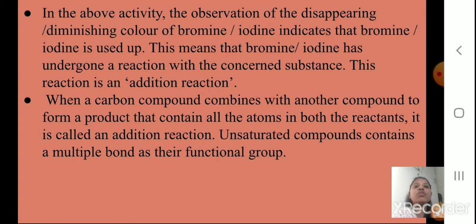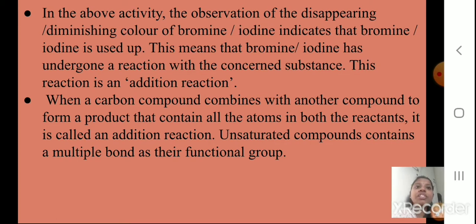So students, in the above activity, the observation of the disappearing or diminishing color of bromine or iodine indicates that the bromine or iodine is used up. If there is a color change, we will understand that the bromine or iodine is used up in the reaction.